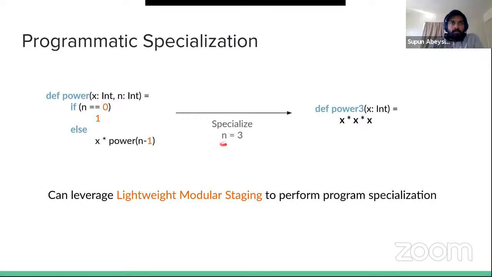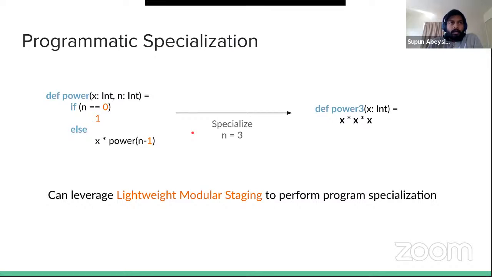So if we know the value of n at the current stage, for example, n equal 3, we can specialize this program to that value. So when we specialize this program, we get this program. We no longer need to have the recursion, because we know the recursion depth, because we know the value of n, right?